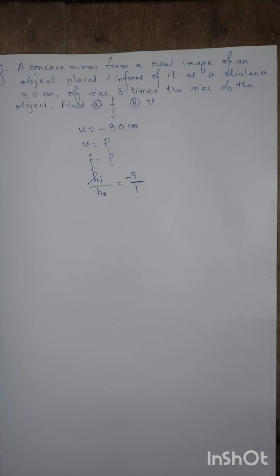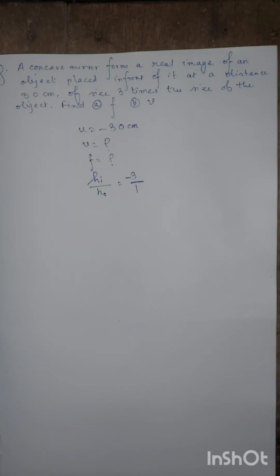So in this case, in our question, it is mentioned that the image formed is a real image. So when a real image is formed, the real image is inverted with respect to the object. So the real image is below the principal axis. So when we measure a length below the principal axis, it must be negative.